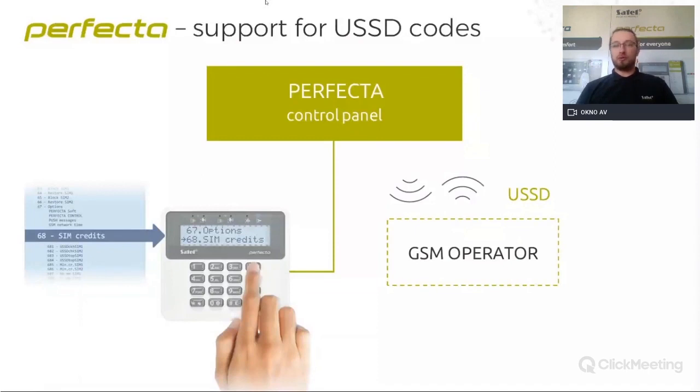You can control it by USSD code from your phone, but you can also configure the panel to check the credit amount every day, and if it's lower than some threshold that you set, the panel will send you an SMS with the information that the credit is low. Please top up your card. Depending on the country requirements and of course the end user, it gives you an additional solution to many cases of forgetting to top up your prepaid card.